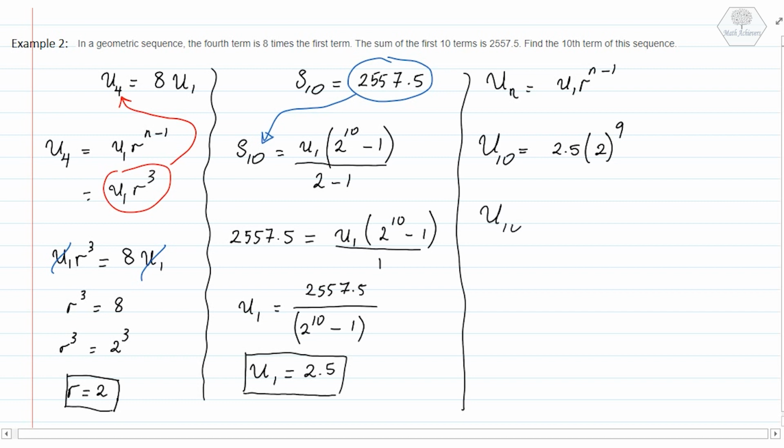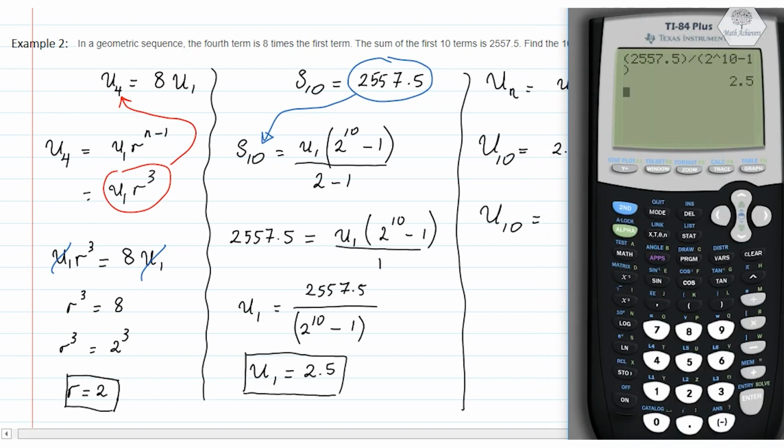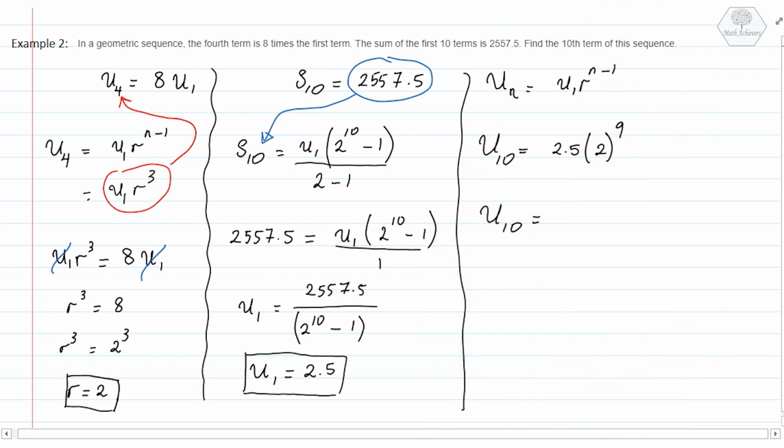So u10 is equal to, we can use our GDC as well, brackets 2 to the power of 9 times 2.5. The 10th term is 1280. So u10 is equal to 1280. This is my answer.